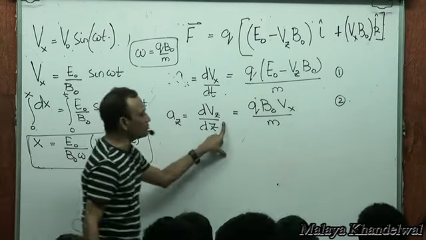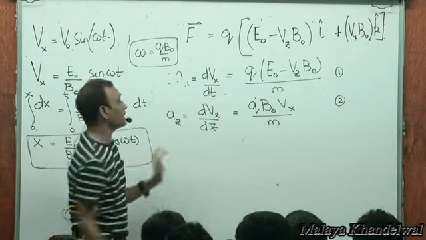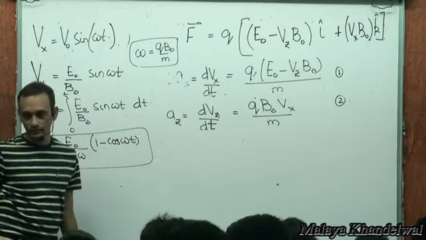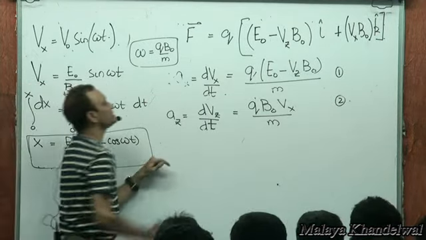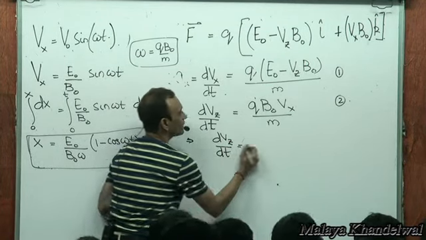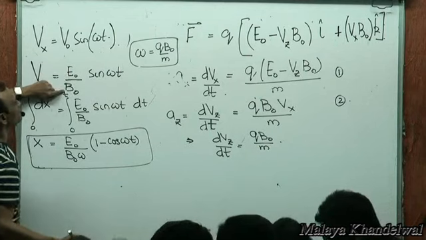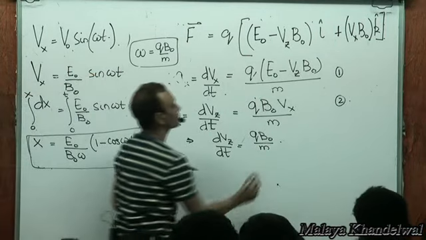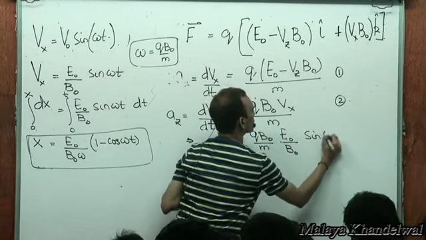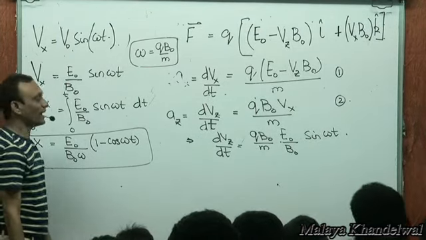Now what I do is I come down to this equation to get Vz as a function of time, the velocity in the z direction as a function of time. So dVz dt is like QB0 by m into Vx, where Vx is E0 by B0 sine omega t. Right?